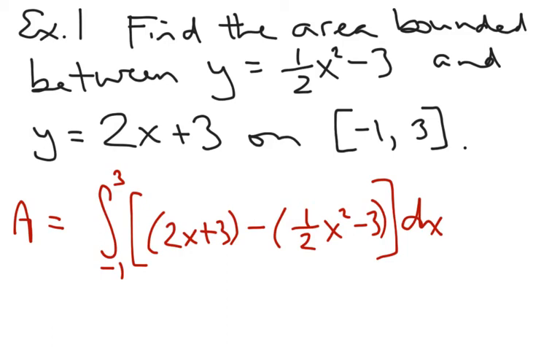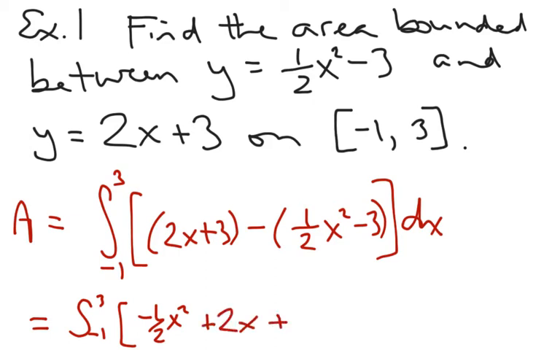And that's actually fairly straightforward to evaluate. So let's go through a few steps. And so, let's see, we have a -1/2 x squared. When I distribute the minus sign over here, we'll have a plus 2x. And it looks like a plus 6 when we combine the 3 and the opposite of -3, dx.